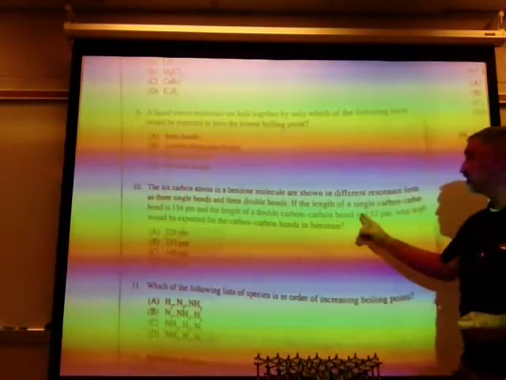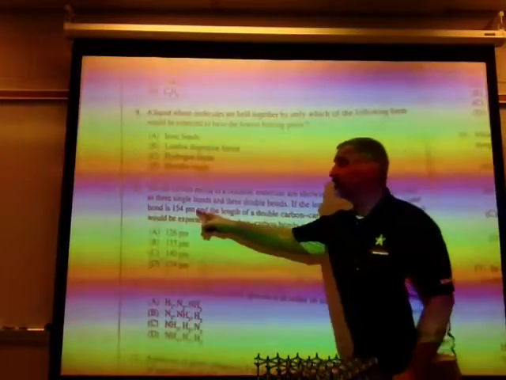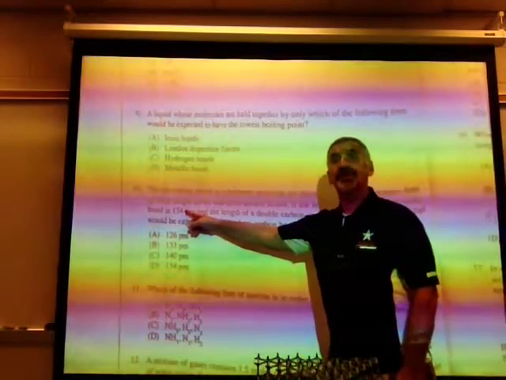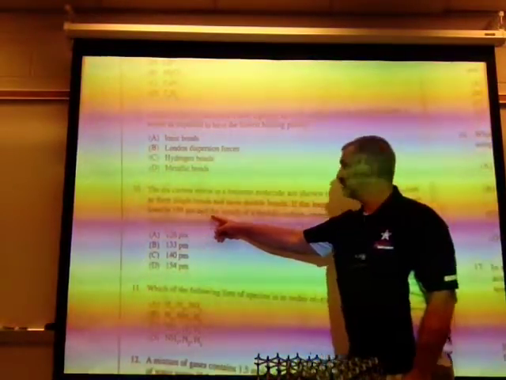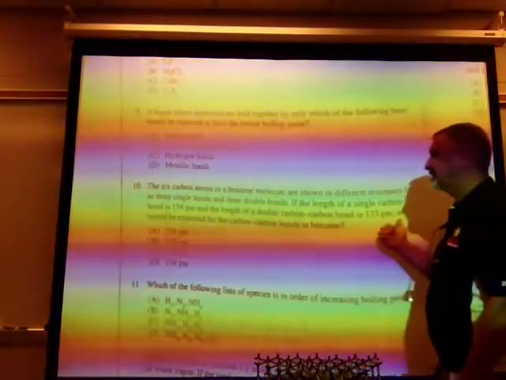It doesn't matter what order. It's shared. It's somewhere in between, right? So the bond is going to be shorter than a single bond, but longer than a double bond. So here's your double bond. Here's your single bond. So where should the resonance bond be? Just somewhere in between. And the only one that's in between is 140.